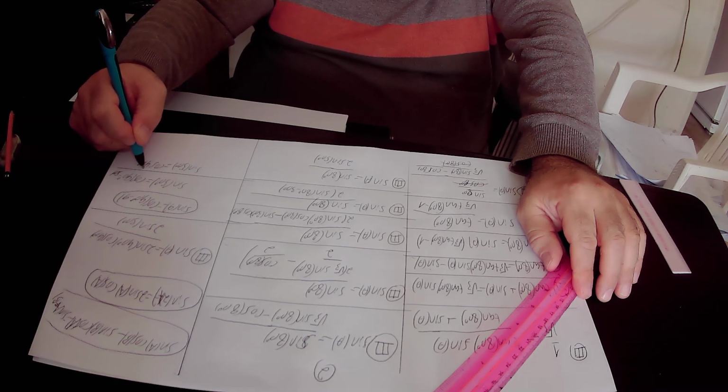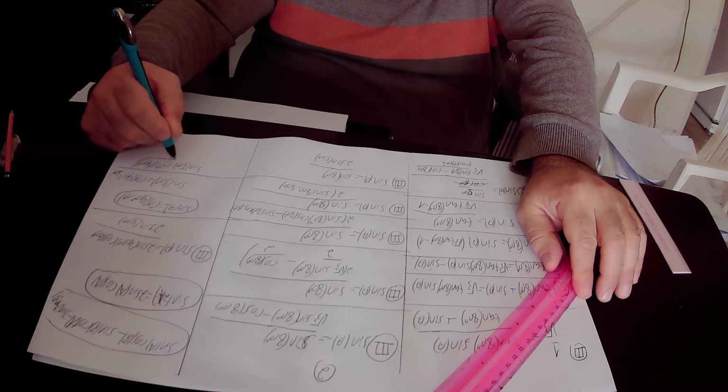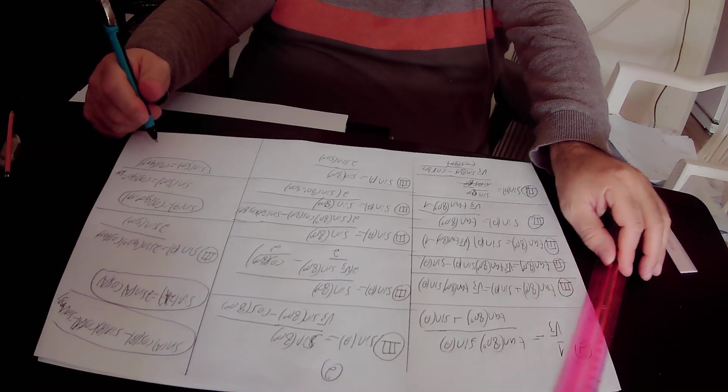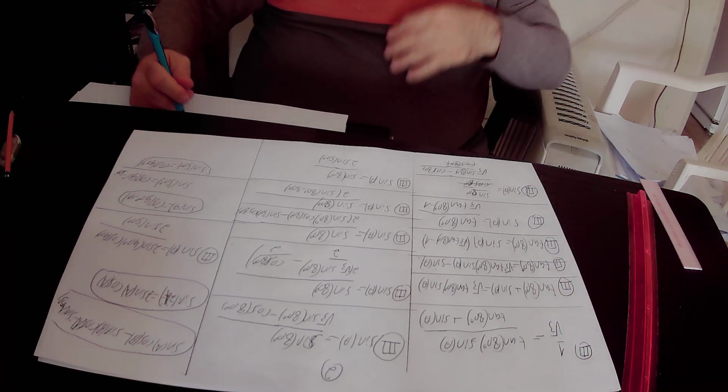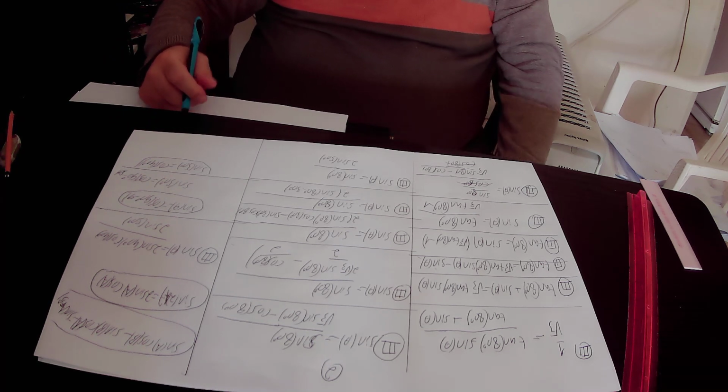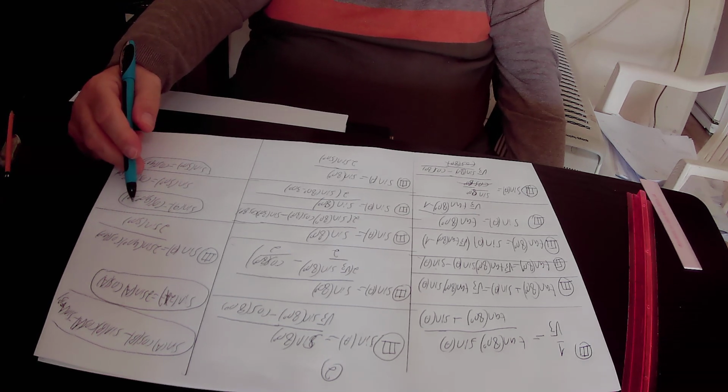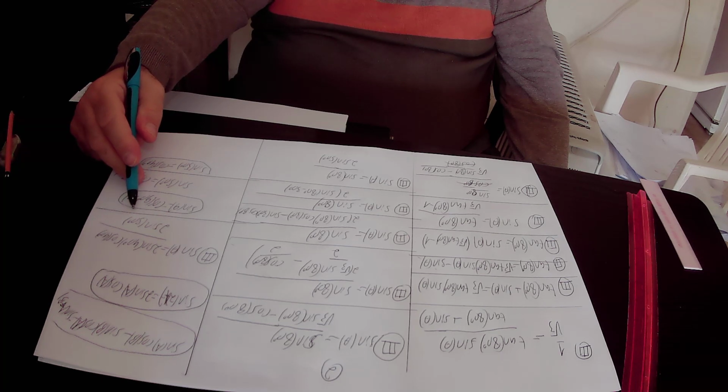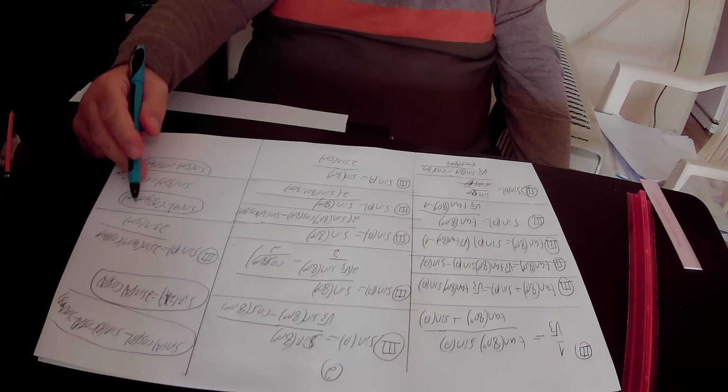We found out that sine 50 degrees equals cosine 40 degrees. Therefore, we can substitute sine 50 degrees in equation number 3 by cosine 40 degrees. So we will do it now.